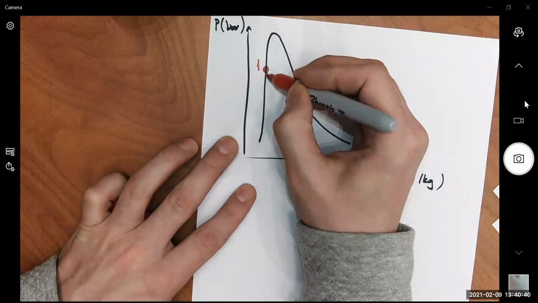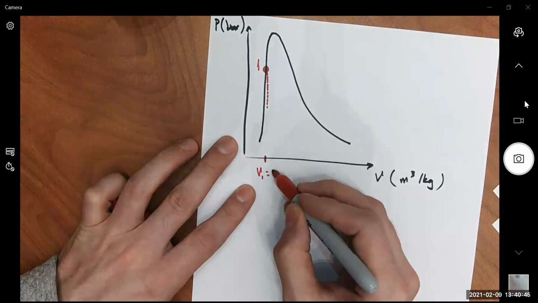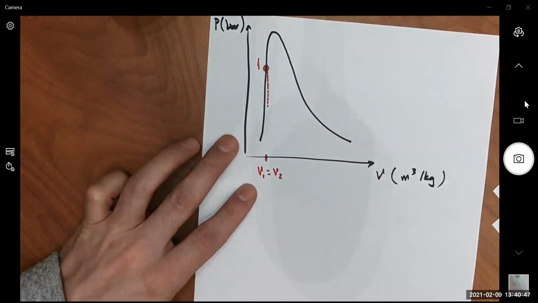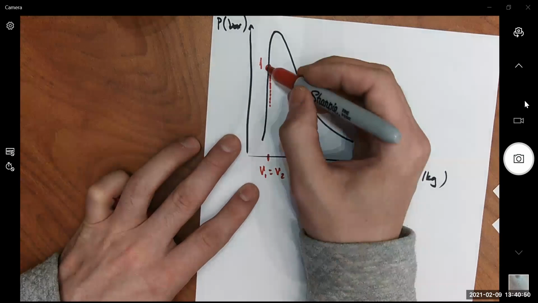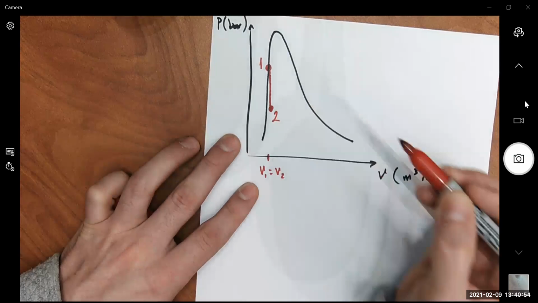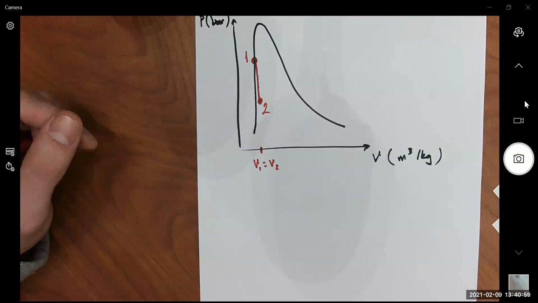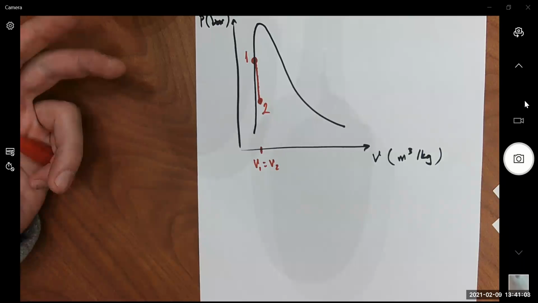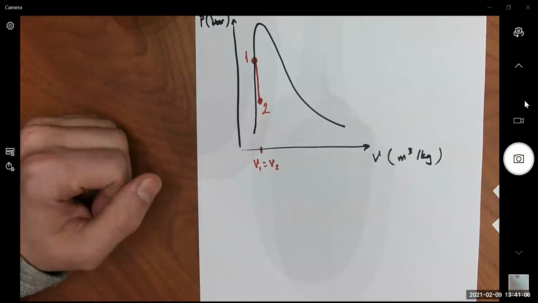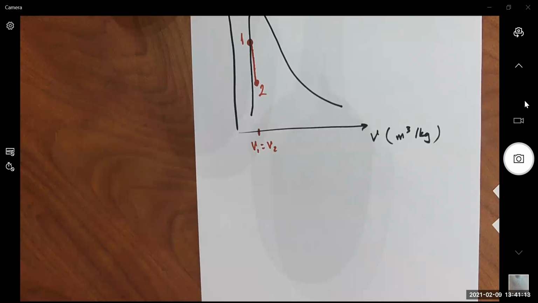Because volume is constant, right? And when I look at this, it all makes sense. State 1 is saturated liquid, state 2 is in the wet vapor region, and volume doesn't change. Correct. Okay. Questions?